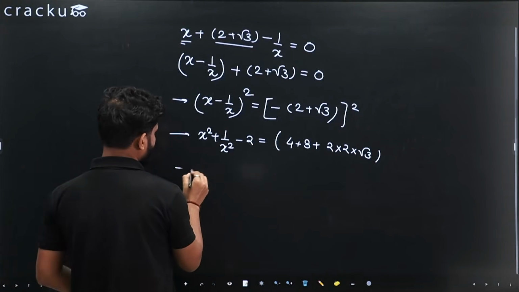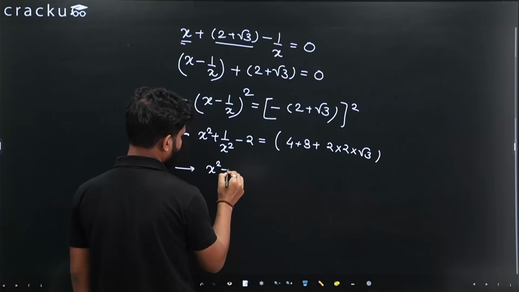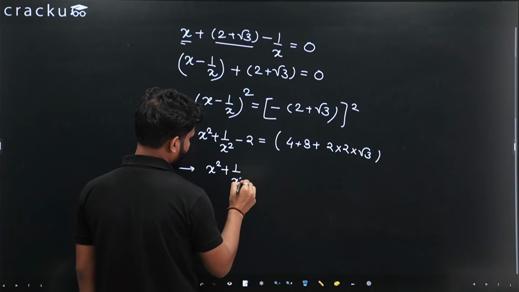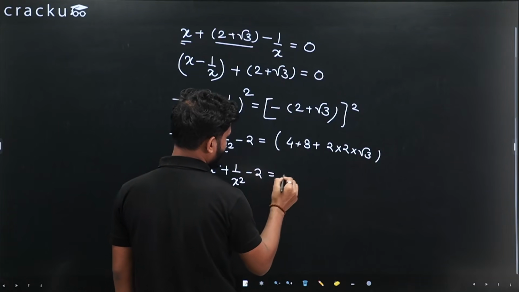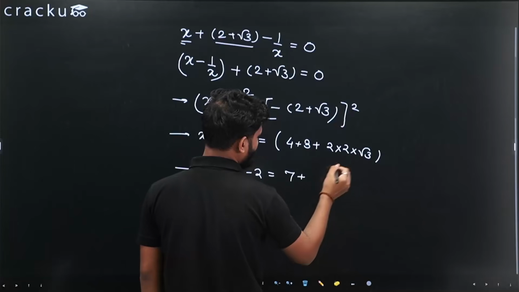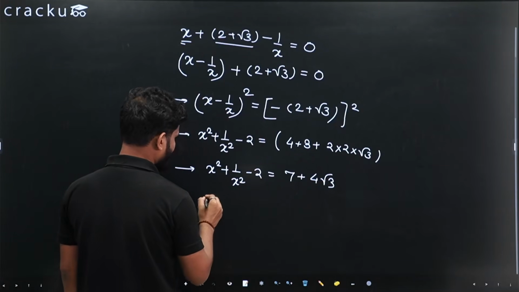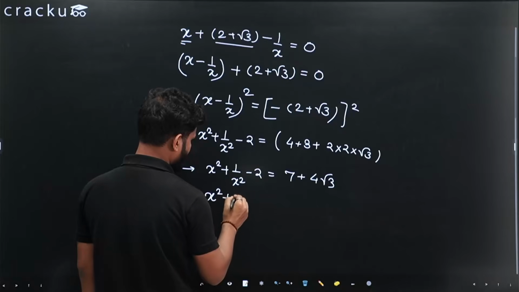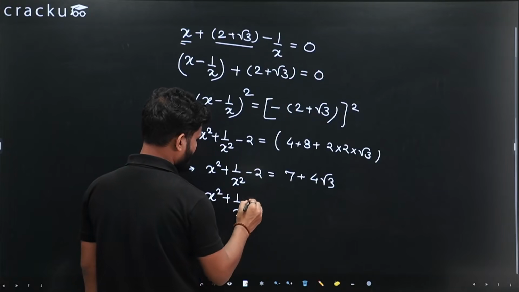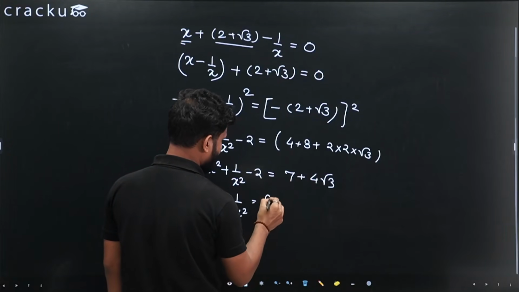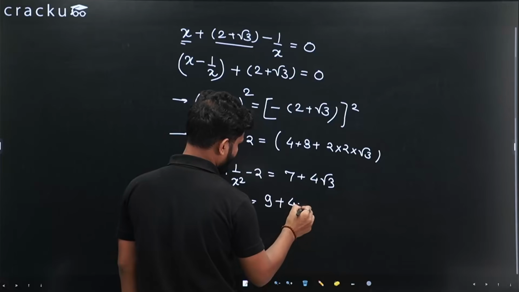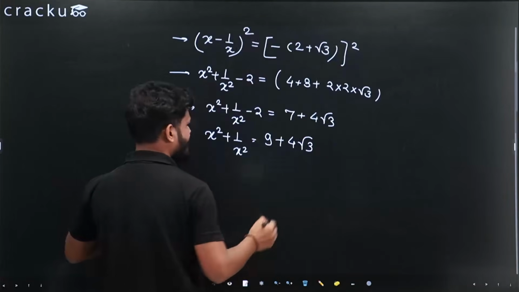So this is x square plus 1 by x square minus 2 is equal to 7 plus 2 into 2, 4 root 3. Or I can say x square plus 1 by x square is, taking the 2 to that side, 9 plus 4 root 3.